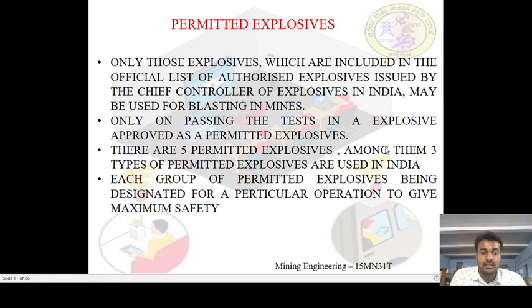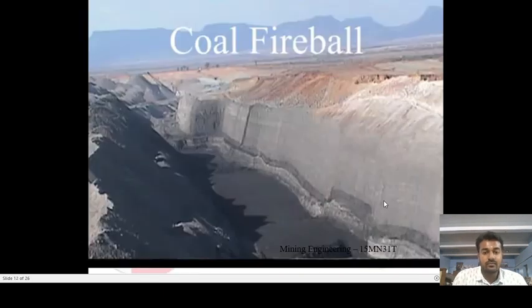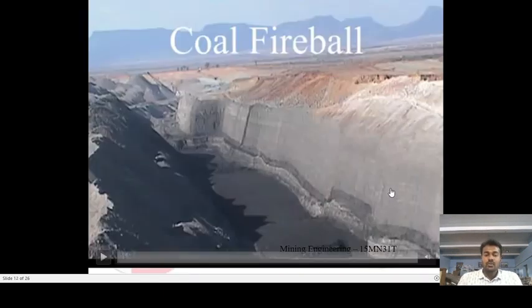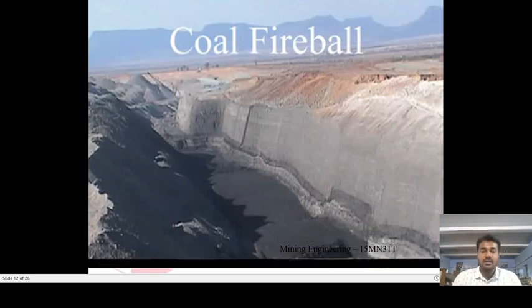There are 5 permitted explosives, among which 3 types are used in India, each group being designated for particular operations to give maximum safety. Now, to know what exactly a permitted explosive is: such permitted explosives are used in coal mines to avoid fire outbreak due to the blast.